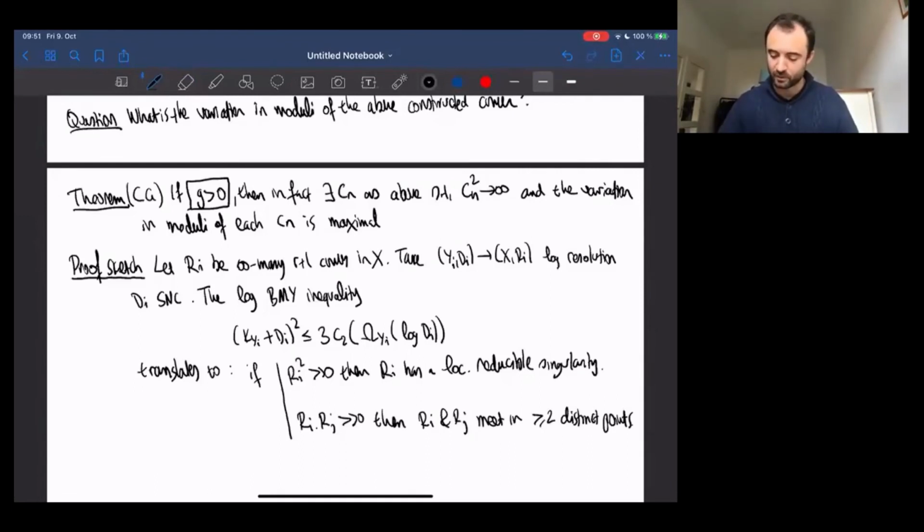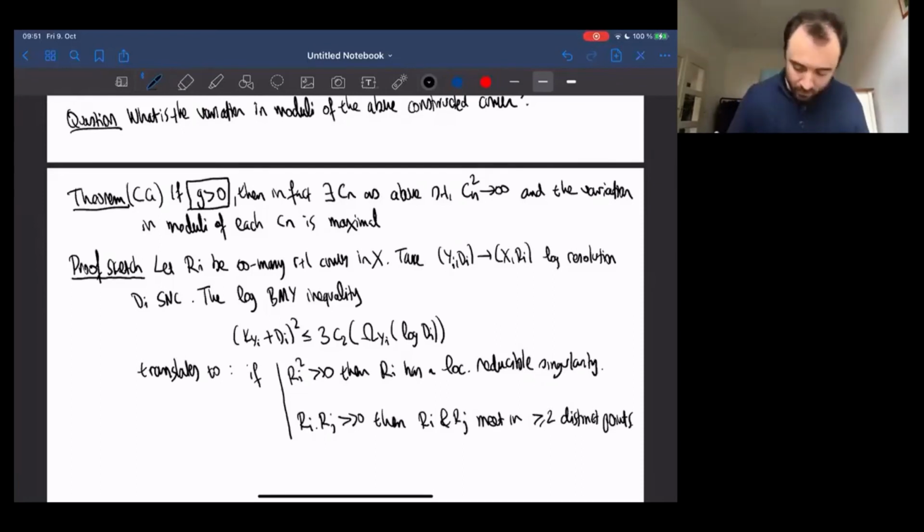But it's often not clear what these rational curves look like and how they intersect. It could be that all of them pass through one point, and we have no control over such general questions. So we really have to use something like this log inequality to conclude that if the intersection number of two of them is large enough, then they meet in at least 2 points.